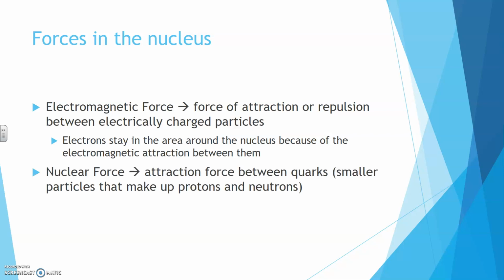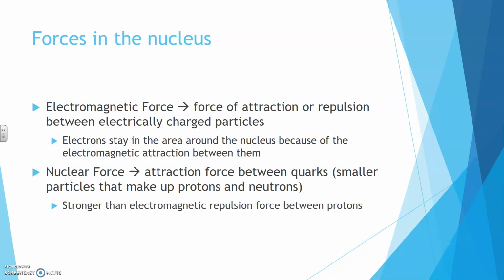Now you also have the nuclear force. The nuclear force is an attractive force between the quarks inside the subatomic particles of a nucleus. We don't really talk about quarks too much. They get really kind of weird, because they are smaller than protons and neutrons and actually make up those subatomic particles.